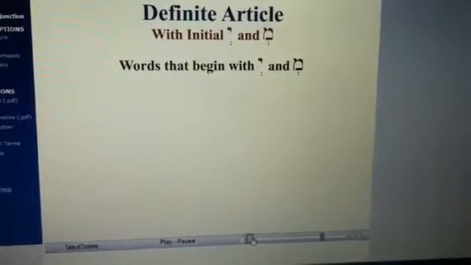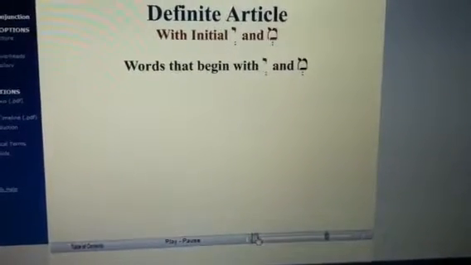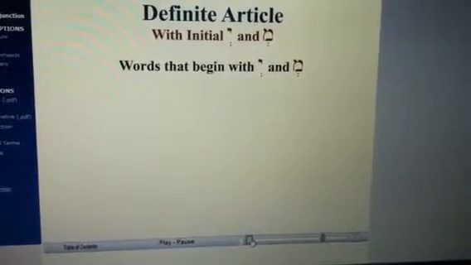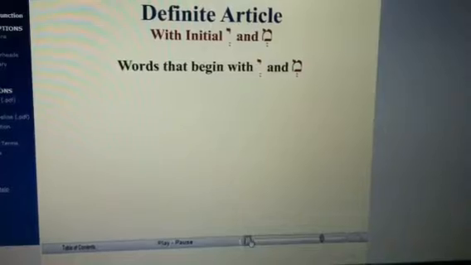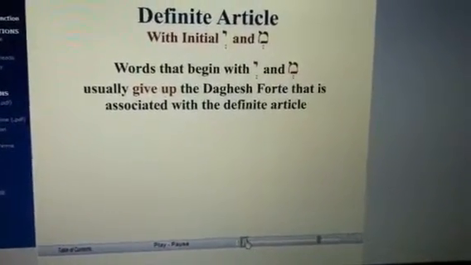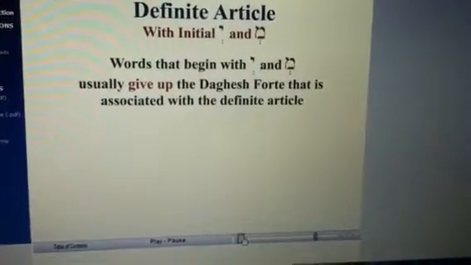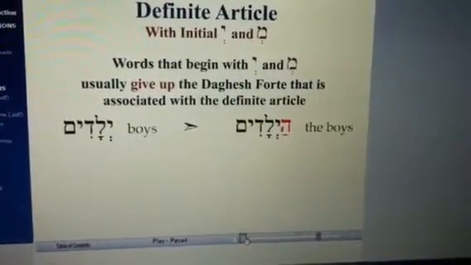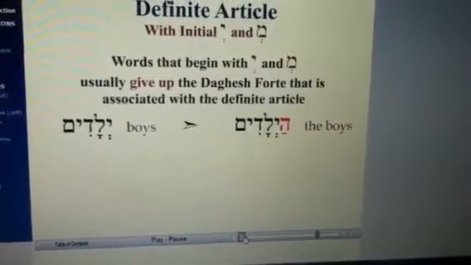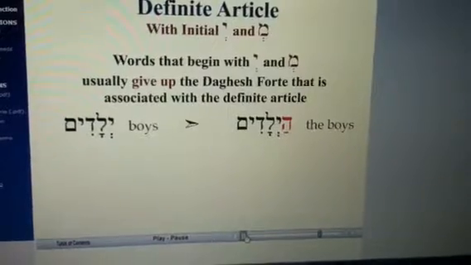With few exceptions, words that begin with y, that is yod plus vocal shewa, or with m, that is mem plus vocal shewa, give up the dagesh forte that is associated with the definite article. For example, yeladim, boys, becomes ha-yladim, the boys.